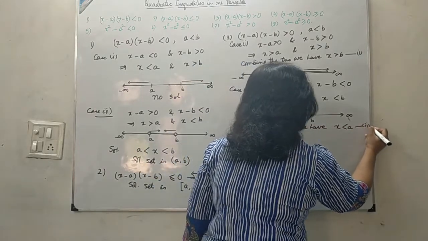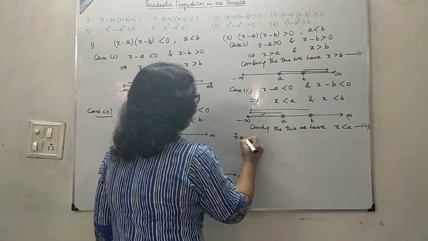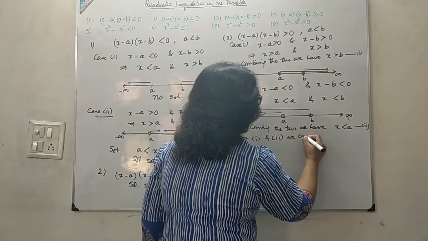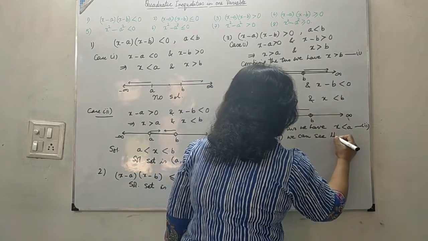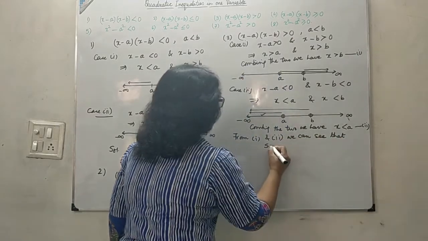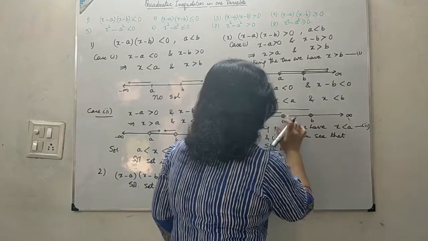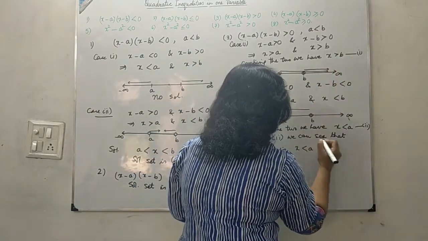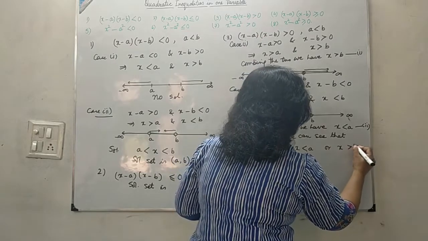This is your second. Now from 1 and 2, we can see that the solution is either x less than a or x greater than b.